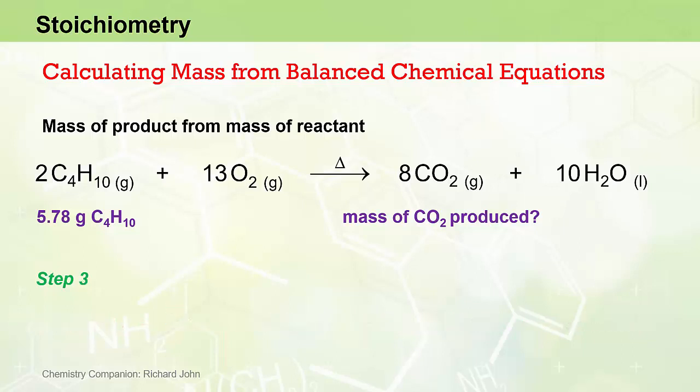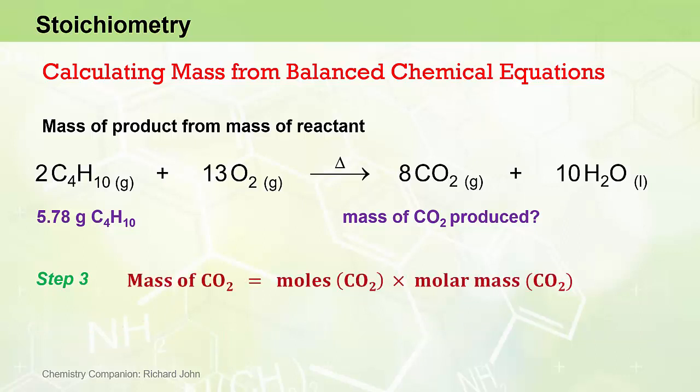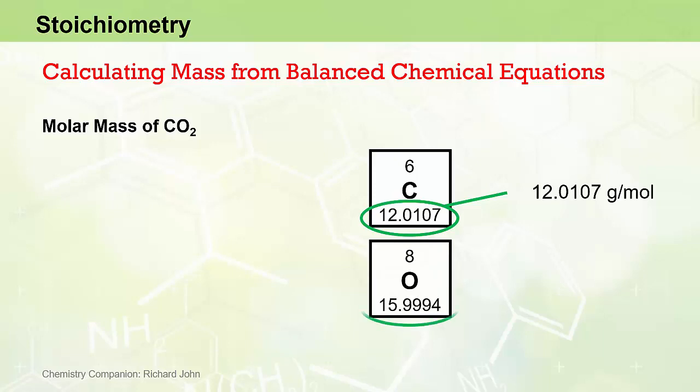In step 3, we now convert moles of carbon dioxide into mass of carbon dioxide using the rearranged version of the molar mass equation with mass as the subject of the equation. And so we have mass of carbon dioxide equals moles of carbon dioxide times the molar mass of carbon dioxide. The moles of carbon dioxide we just calculated in step 2 to be 0.398 moles, and we need to multiply it by the molar mass of carbon dioxide, which we can quickly work out by getting the molar mass information about carbon and oxygen from the periodic table.